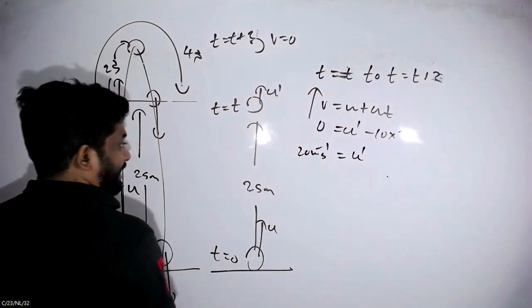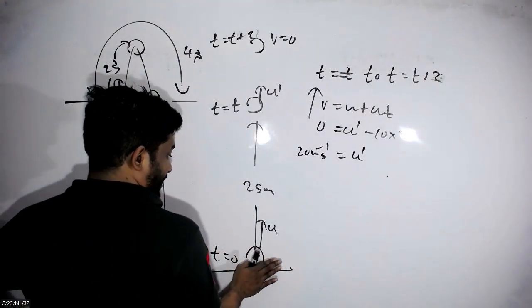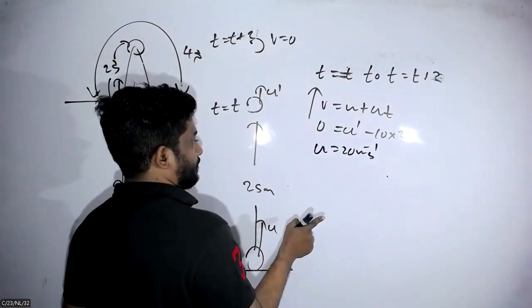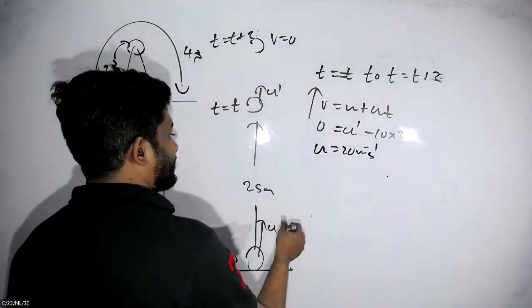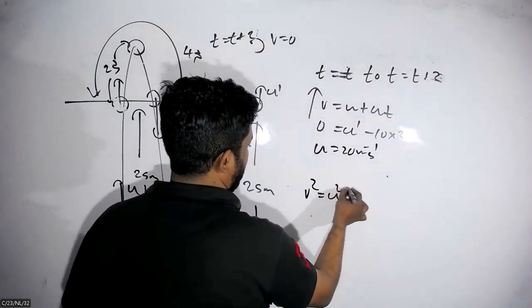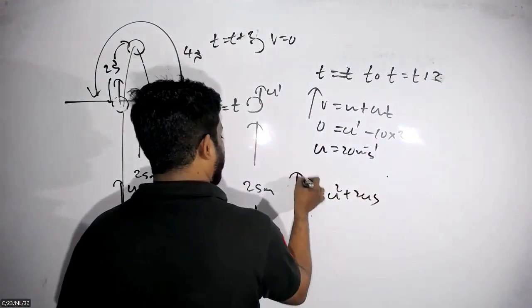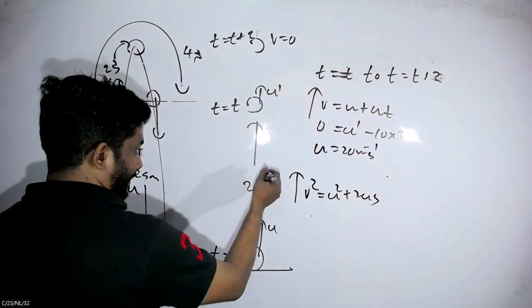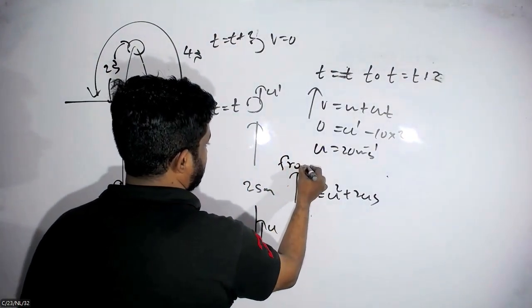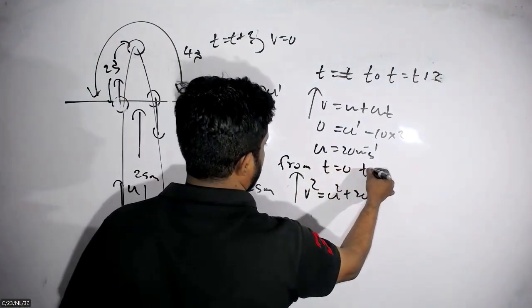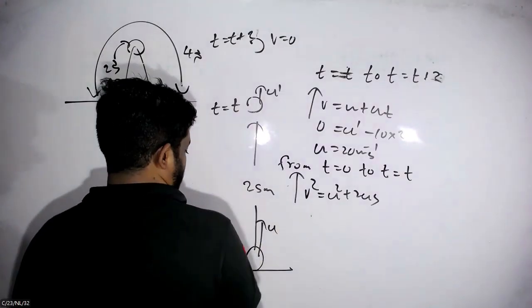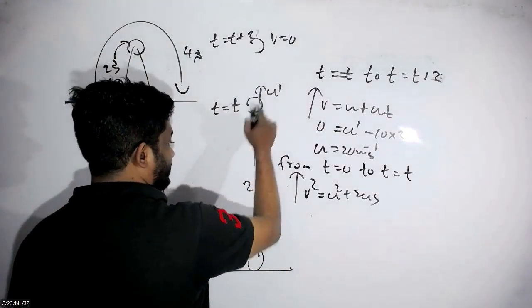Okay, now you know the velocity of the object at the 25 meter displacement. Then you can apply the equation v squared equals u squared plus 2as to identify the initial velocity at t equals 0. You can apply the equation from t equals 0 to t equals t. During this time interval, u dash is the final velocity.